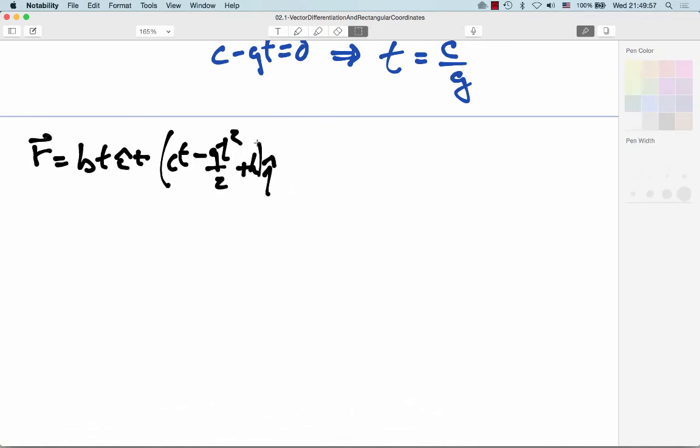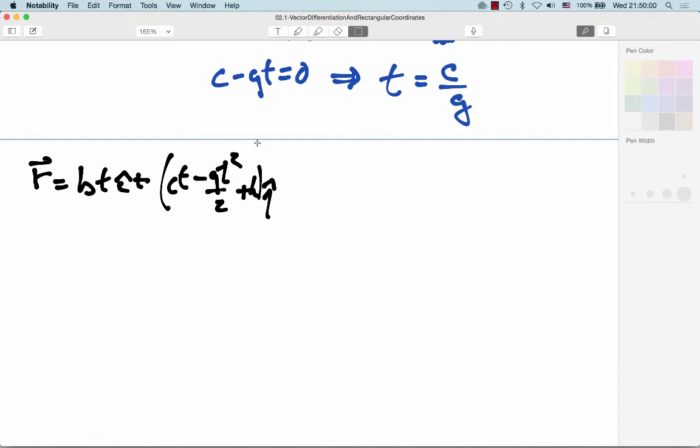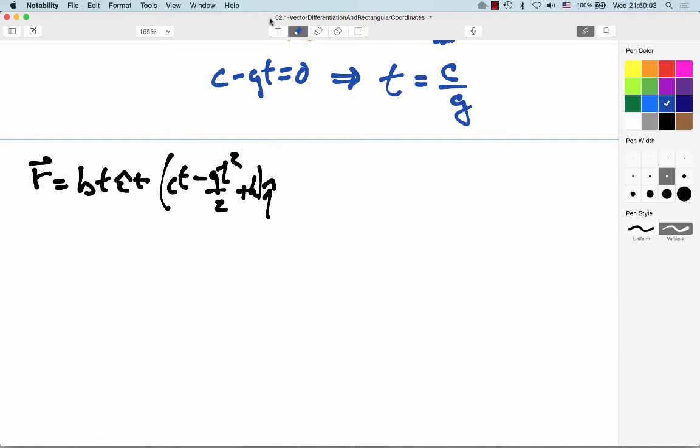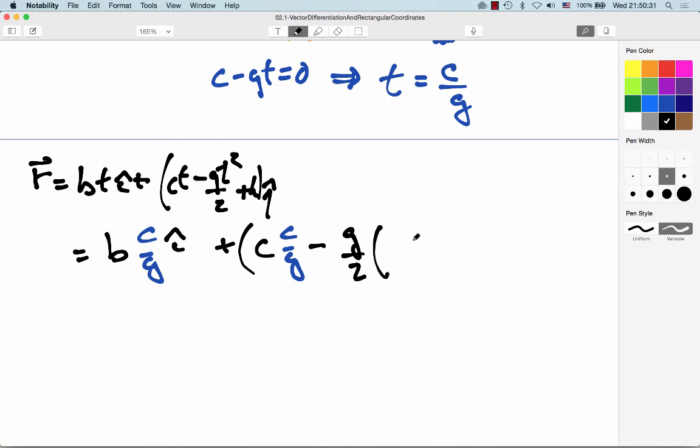All right. So sticking in our result of t equal to c over g, we'll have that the position is equal to b times c over g times i hat plus c times c over g minus g over 2 times c over g squared plus h j hat.